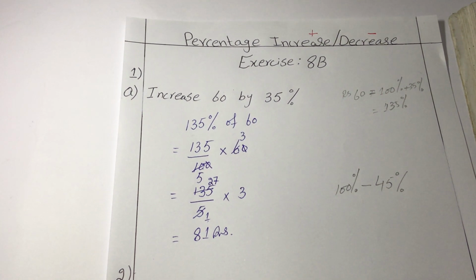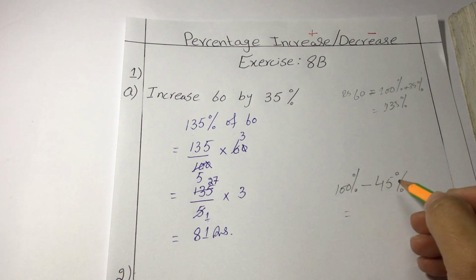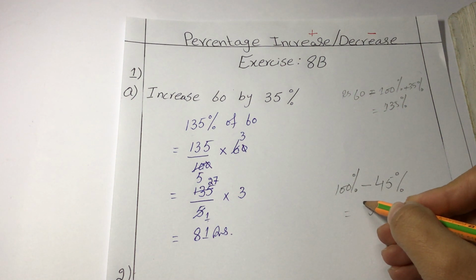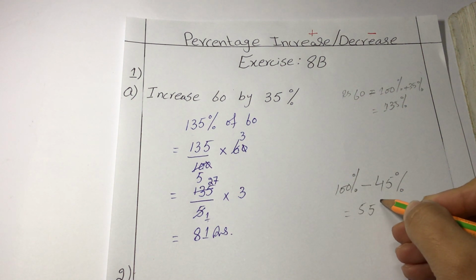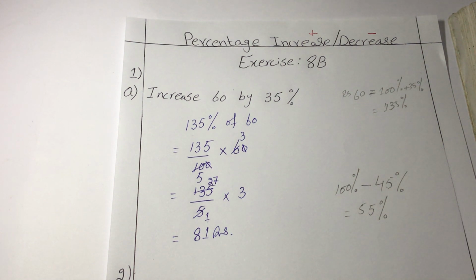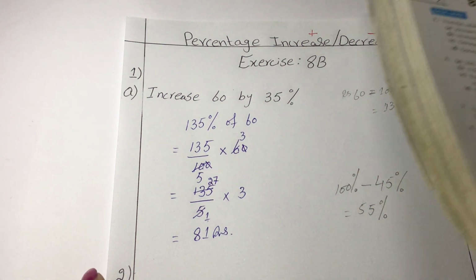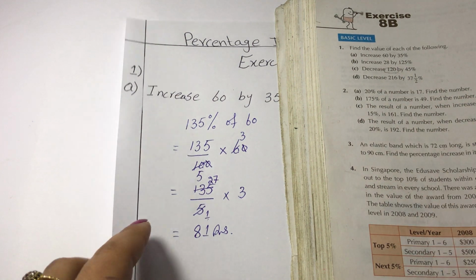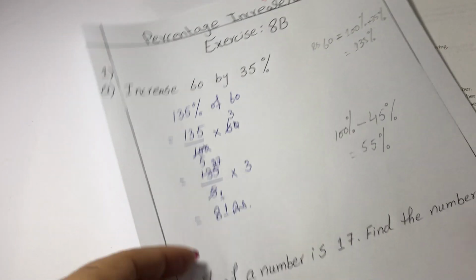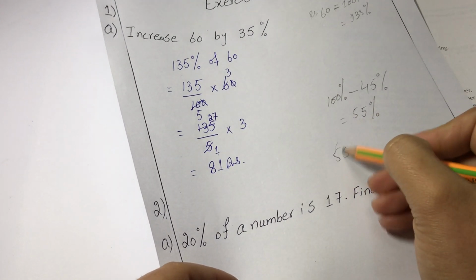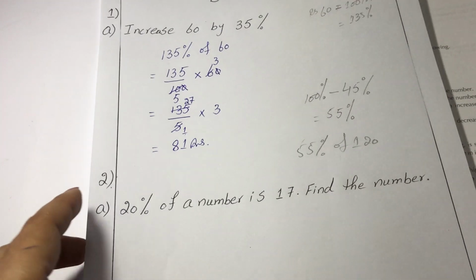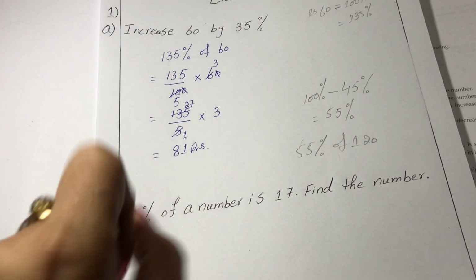Because you need to decrease 120. And 100 minus 45 is 55%. That means now you need to calculate 55% of 120, right? Like I have done in your first part.